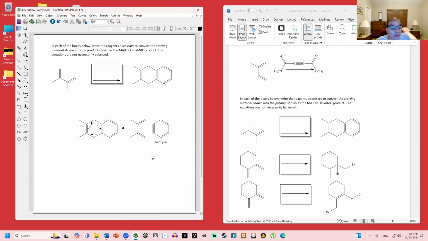But it is also a truly wonderful Diels-Alder dienophile because the amount of strain in that ring is just tremendous. And so by undergoing the Diels-Alder reaction and making this product, you get rid of all that strain. So in order to figure out what the other material is, this is what you would put in the box, is the benzyne. The diene is already there. So that would be the answer to that question.